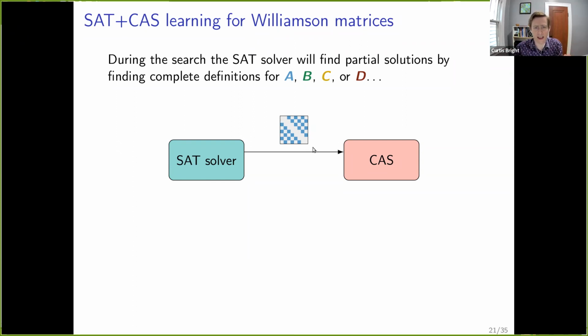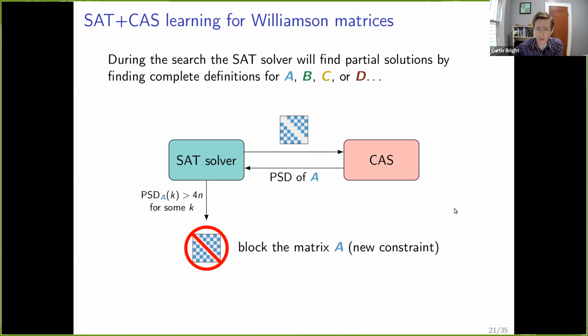Let's say we have the matrix A here, all of its entries defined. We can give this matrix to the computer algebra system, which can then call a fast Fourier transform and get the PSD values. The PSD values can then be given back to the SAT solver, and we can compare: is any PSD value larger than 4n? Because if it is, this matrix cannot be a Williamson matrix.